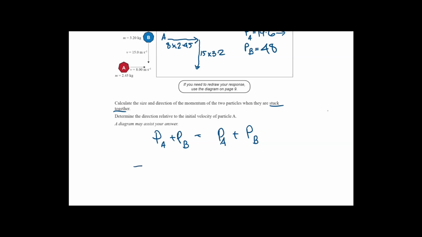So the momentum for A here is going along there, and this is 19.6, and the momentum of B when it hits is 48. So it's obviously not to scale, but it's a little bit more to scale than what I had.